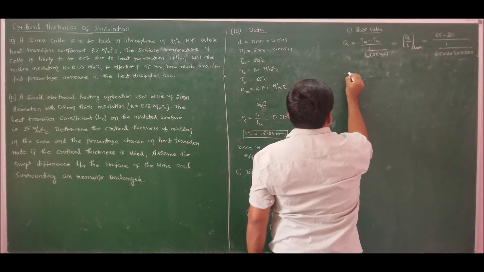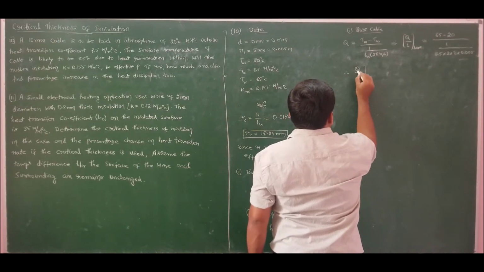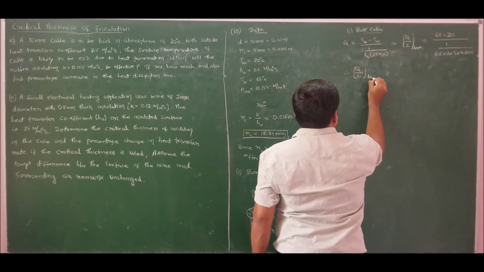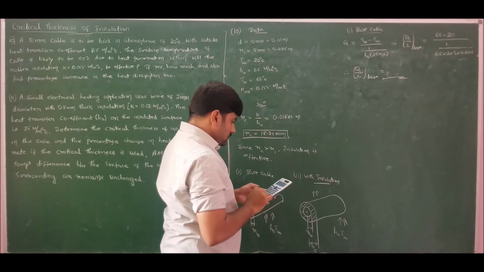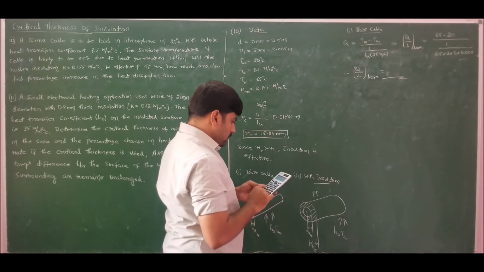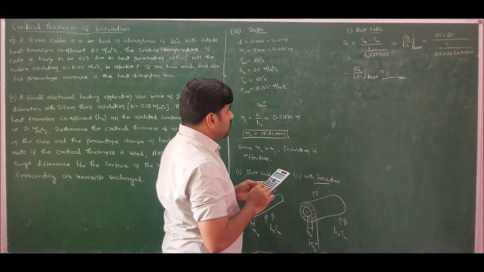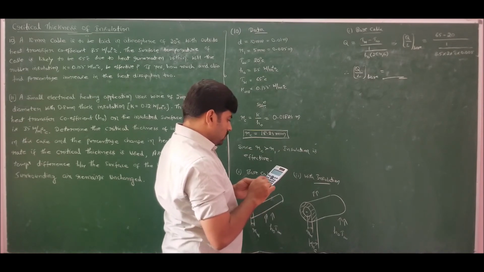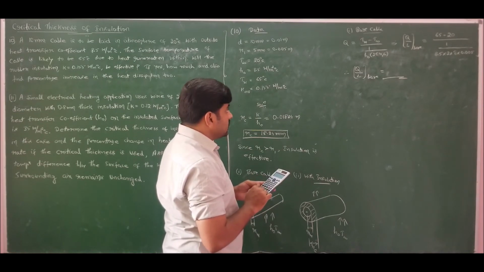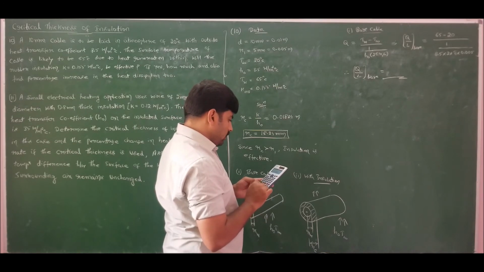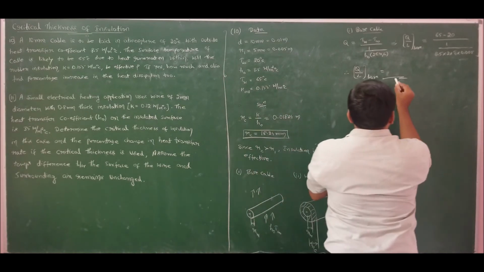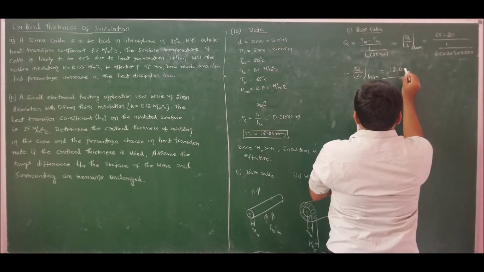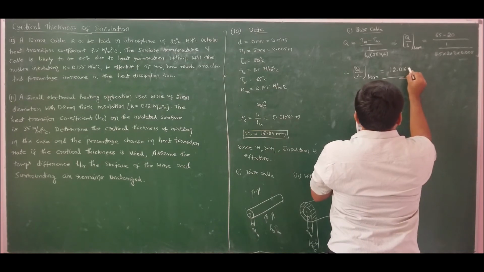So we got the heat loss per meter length of bare cable without insulation as 65 minus 20 divided by 1 divided by 8.5 into 2 into pi into 5 millimeters, that is 5 into 10 to the power of minus 3, which is turning out to be 12.0166 watts.